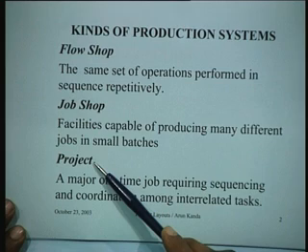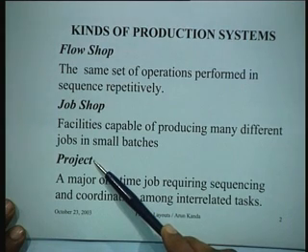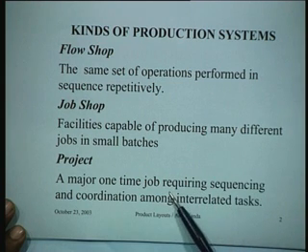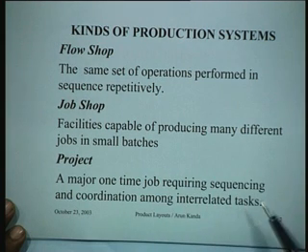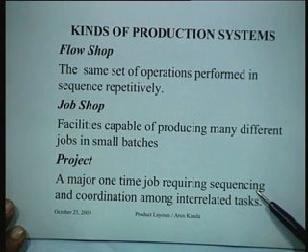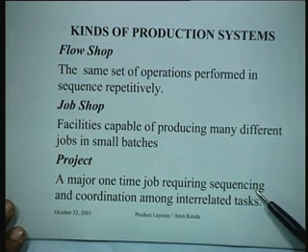Of course, one can have a production system which is totally distinct and which is a project, which would be a major one-time job requiring sequencing and coordination among interrelated tasks. Now in a project, things are done once and for all, and there is no need for repeating whatever you are doing.